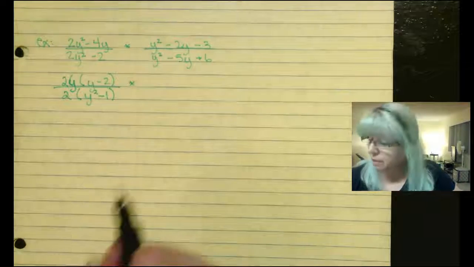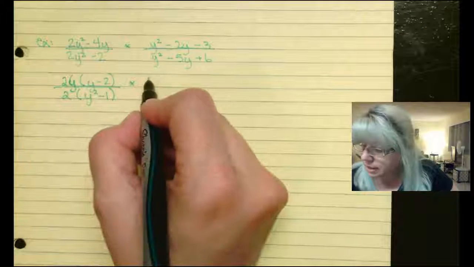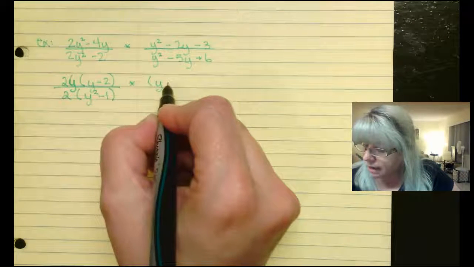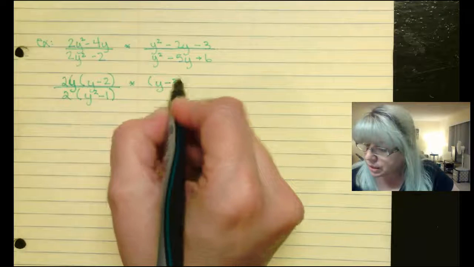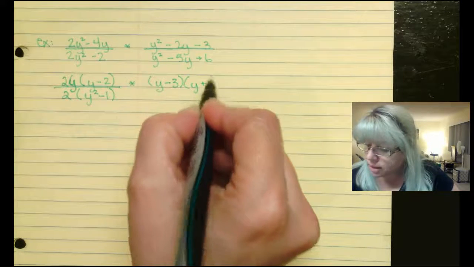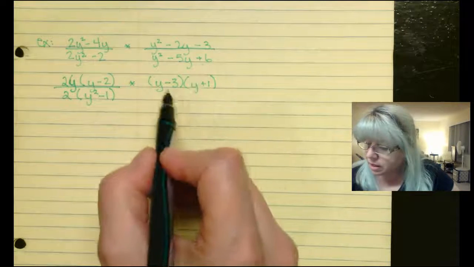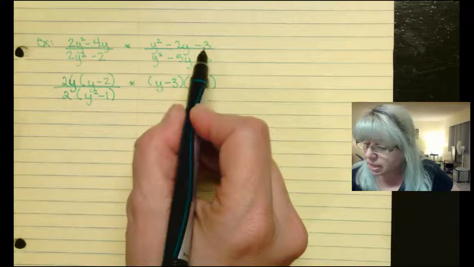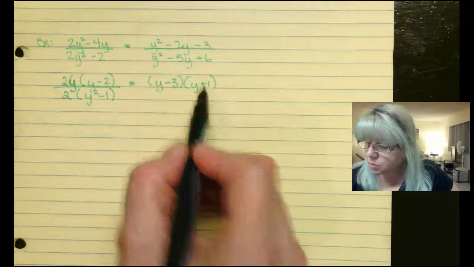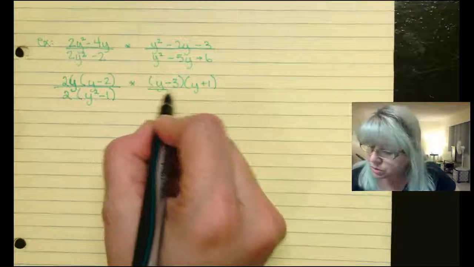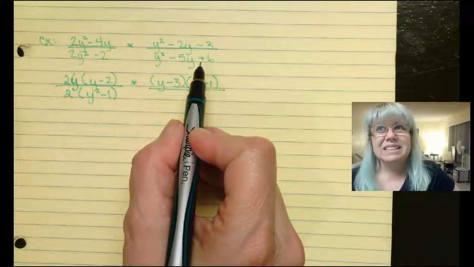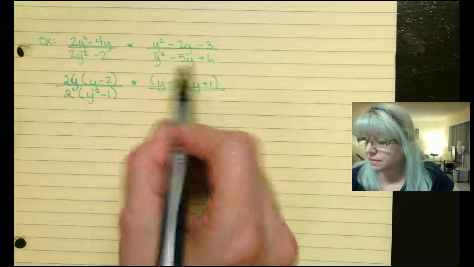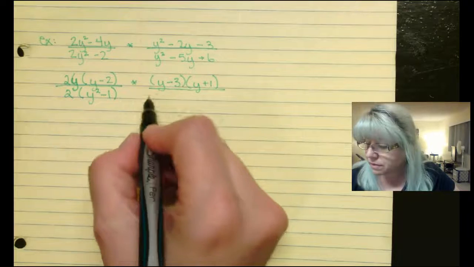That's the first step for that one. Let's see. Y minus 3, y plus 1. Negative 3 times 1 will give me negative 3, and negative 3 plus 1 will give me the negative 2. Right. Got a positive but a negative, therefore they're both negative.